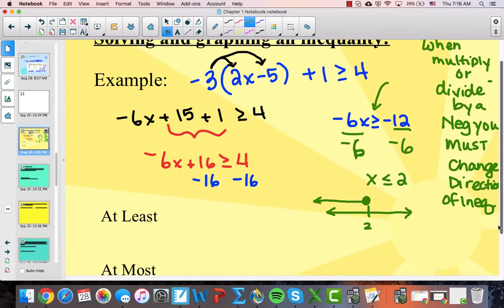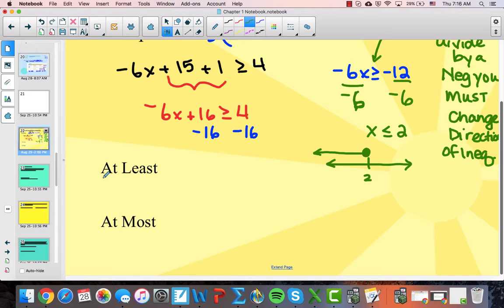Okay, so let's just talk about at least and at most. These terms are going to come up in word problems, so I want to define what they are and what they mean as an inequality. If I want something to be at least 5, that means I need it to be greater than or equal to 5. So at least means greater than or equal to.